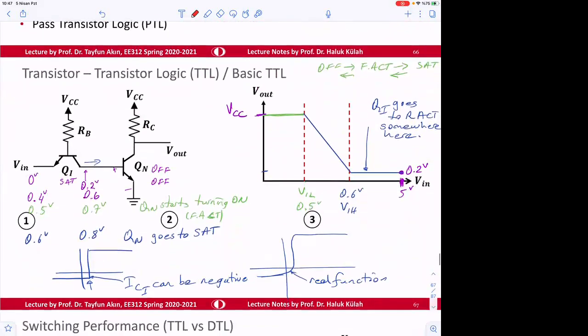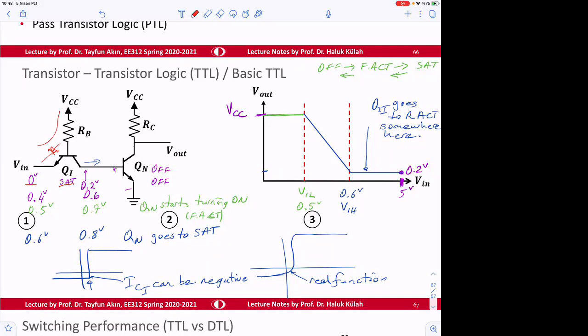The other extreme was to give 0 volts. If we give 0 volts here, this junction would be turning on because of the current path here. When that turns on, the transistor QI can be either SAT or forward active.